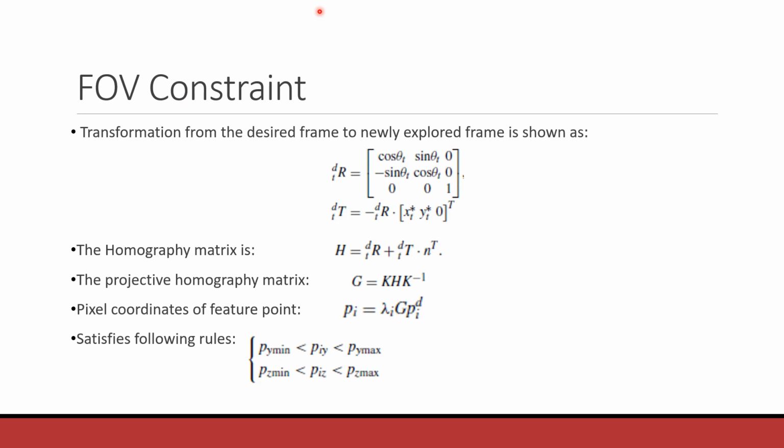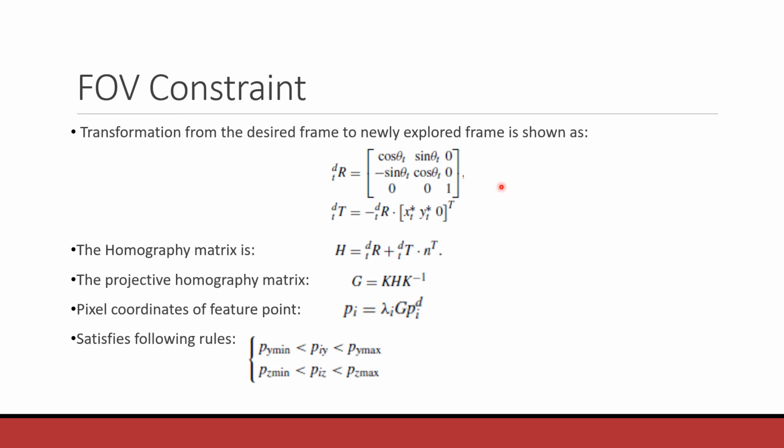So what is this field of view constraint I keep referring to? The field of view constraint means we do not want the feature points of the goal node to go out of the field of view. If that happens, the robot loses track of where it is, and the robot could go haywire. We can calculate this using the projective homography matrix that describes the mapping relationship between the desired and the current image.